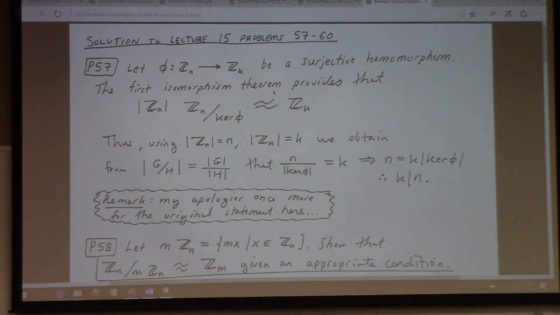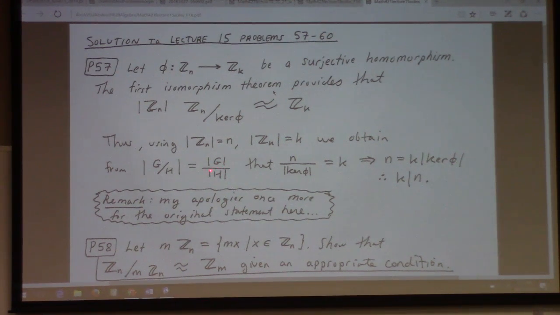Instead of what was there before, I said, suppose you have a surjective homomorphism, right? If that's the case, then the first isomorphism theorem says that Zn mod the kernel of phi is isomorphic to Zk. The size of Zn is n, the size of Zk is k, and the size of the quotient is the quotient of the sizes. I feel silly to say cardinality here.